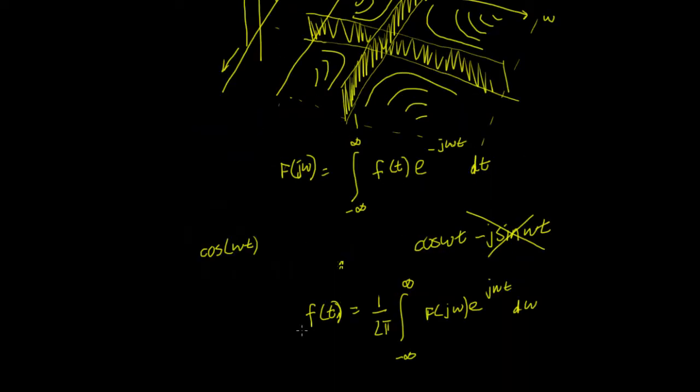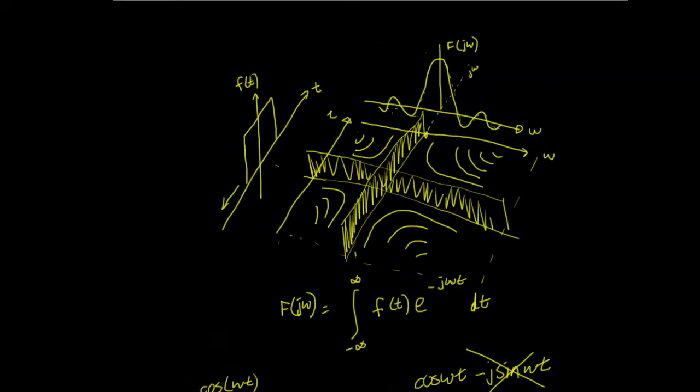Okay, so can you see that I've put that in there? So we're going to go from the frequency domain to the time domain. So we have our function of j omega, which is going to modulate the surface, and then we're going to integrate with respect to omega to get back to t.